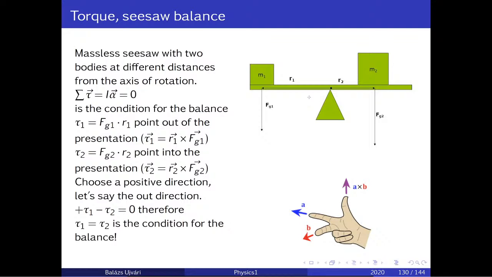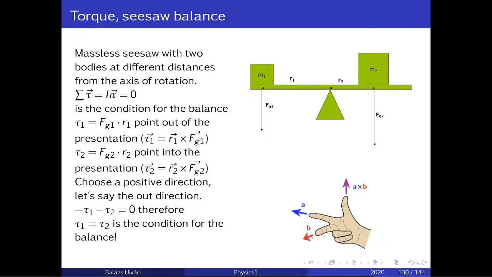Since this motion is again on the plane of your screen, we can calculate the net torque, starting with the torque from the force F1 at R1. This is R1 cross F1. You see, if this is R1, this is F1.